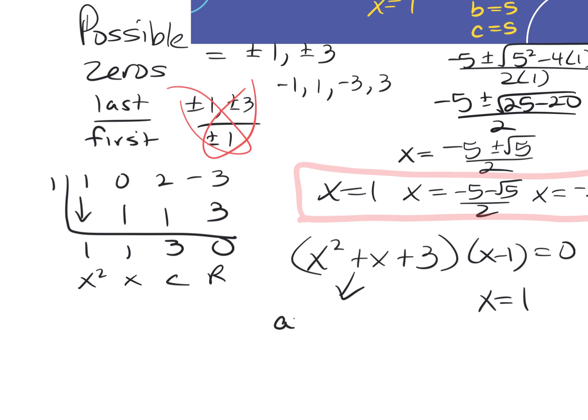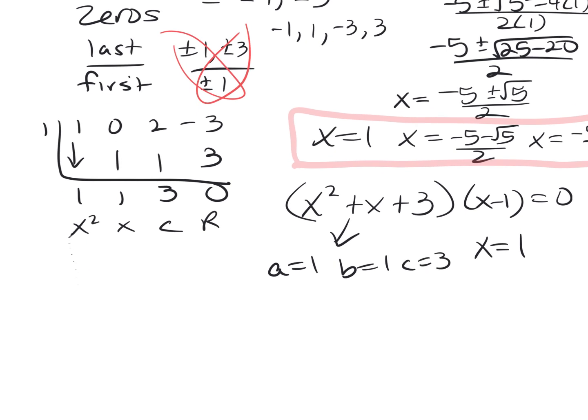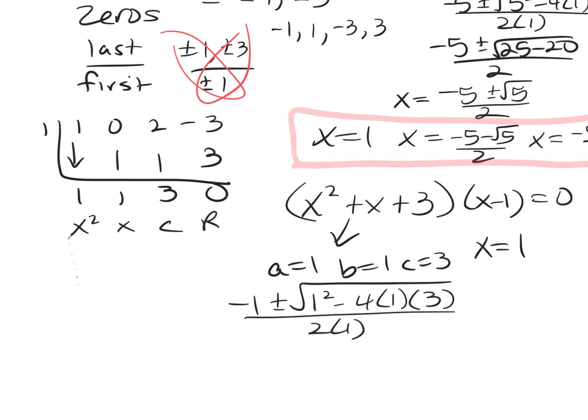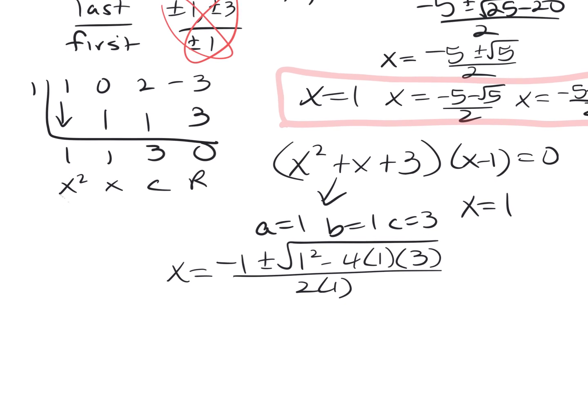So again, quadratic formula. A is 1, B is 1, C is 3. Opposite of B, plus or minus the square root of b squared minus 4ac, all under the radical, divided by 2 times a. Simplify what's under the radical. I get 1 minus 12.